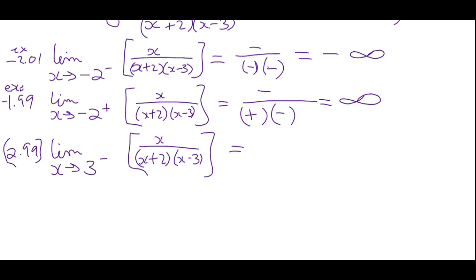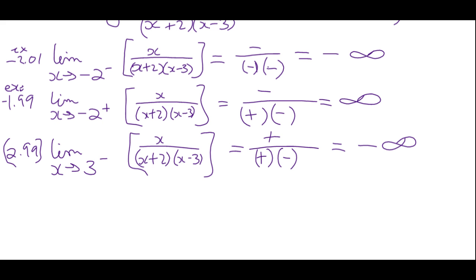We're working around +3, so the x value is positive. When you add 2 to a positive, you get a positive. And when you take something just below 3 and subtract 3 from it, you get a negative. And the result will be negative infinity.